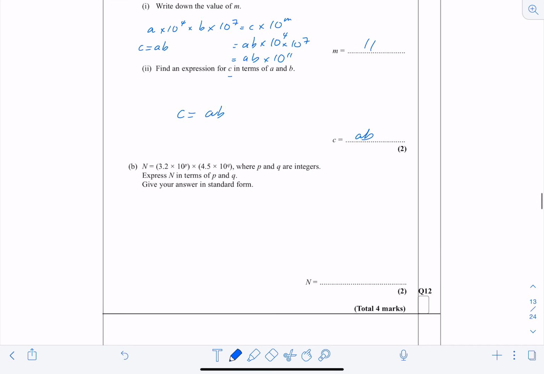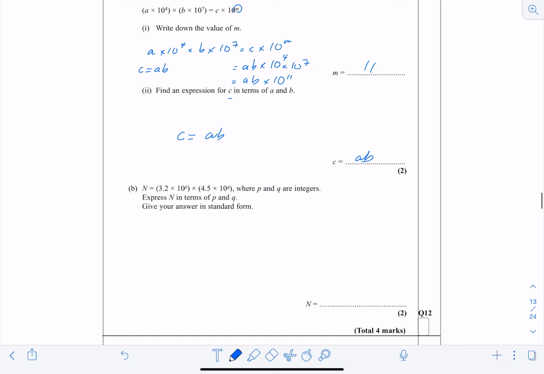N, big N, equals 3.2 times 10 to the P times 4.5 times 10 to the Q, where P and Q are integers. Express N in terms of P and Q. Give your answer in standard form.